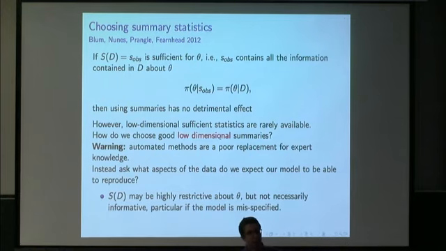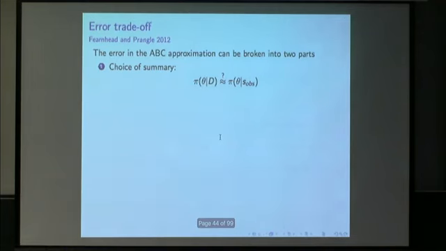If you use summaries to fit your simulator that weren't phase invariant, you're going to learn potentially a lot about theta, but not learn anything meaningful. You're just going to mislead yourself by using these non-phase invariant summaries, even though the simulator wasn't designed in that sense.